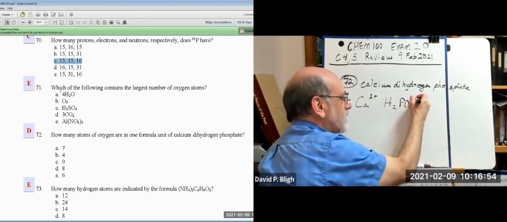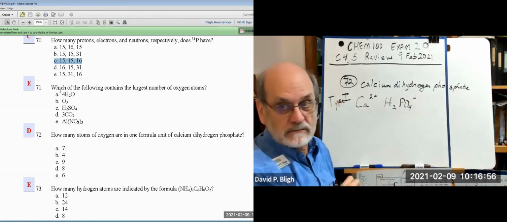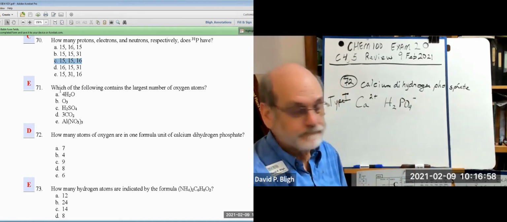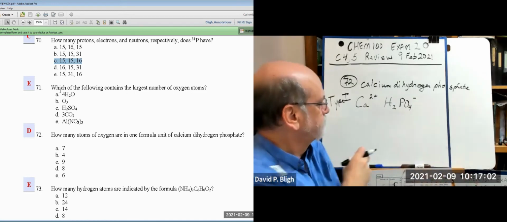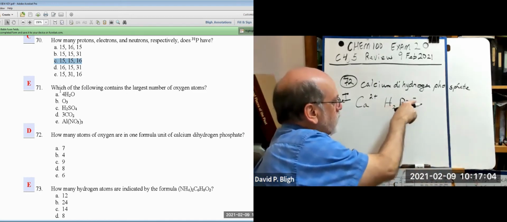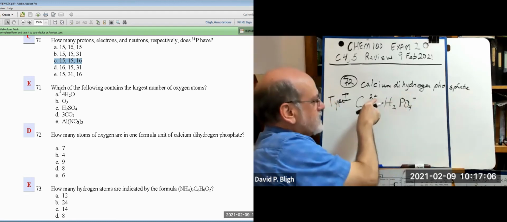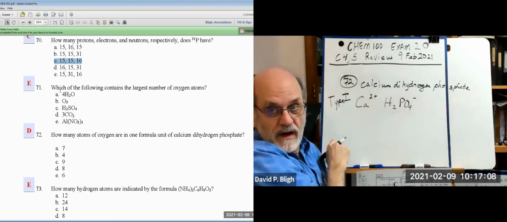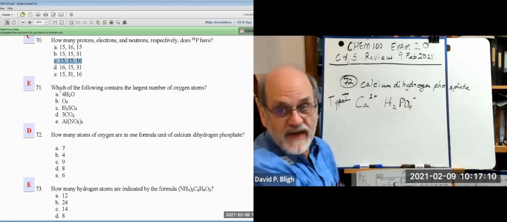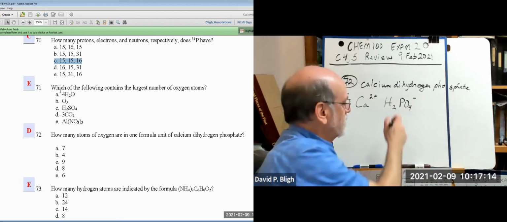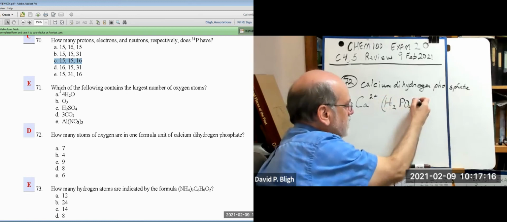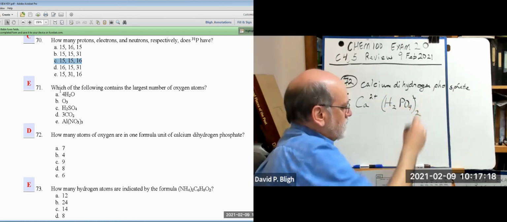And it has a -1 charge. Okay, look it up. So if we're going to balance a 1- and a 2+, we can't mess with that formula for the ion. So we need 2 of them.